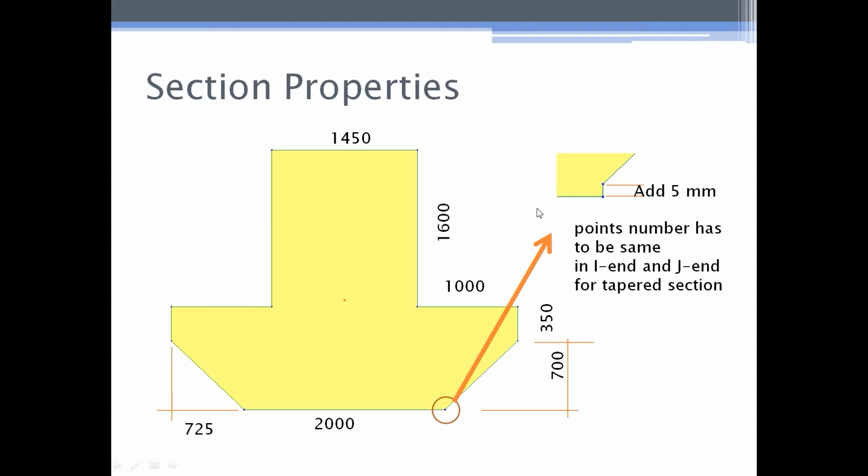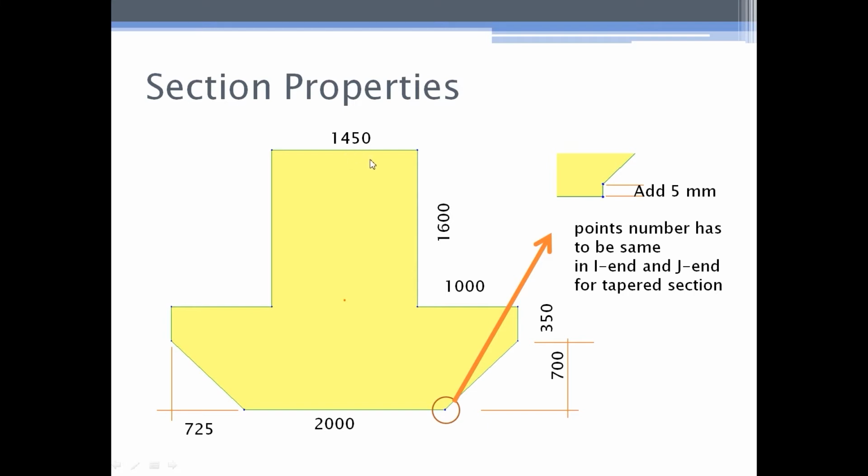Actually, we have to modify it slightly, because if we are going to define the tapered section, the number of points defined for the section at I, N, and J must be similar.